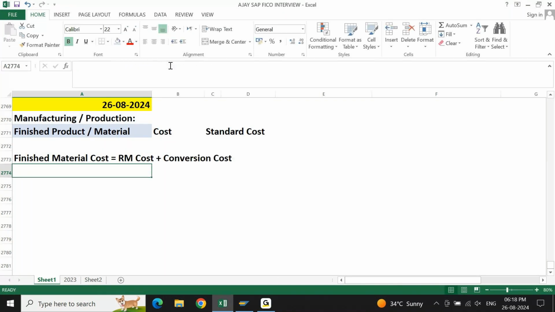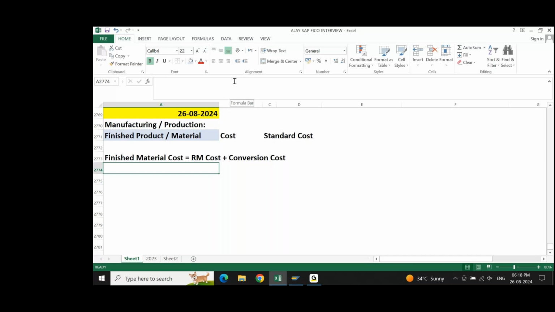Is this statement correct? If I say finished material cost is equal to RM cost plus conversion cost, is my statement correct in a generic way? Yes, sir. Right? This is what it is.